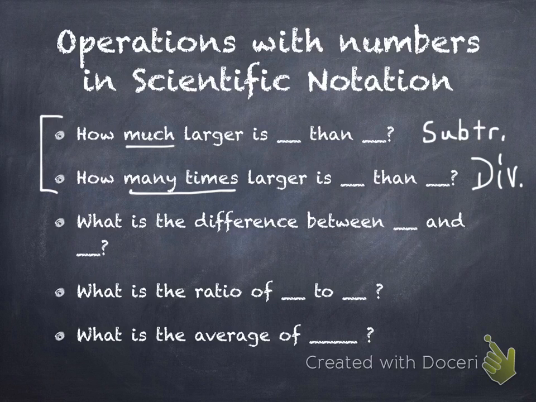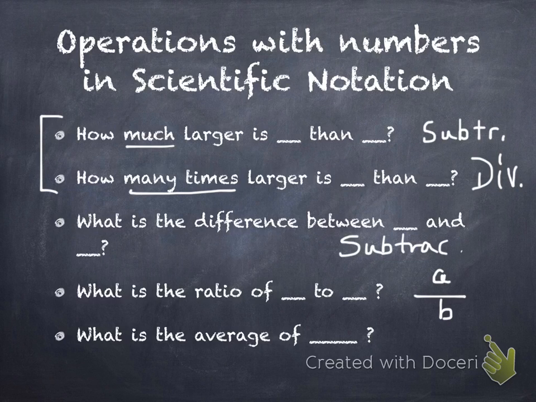What is the difference between those 2 things? Well, that's also subtraction. Difference is subtraction. What is the ratio? Here I'm going to set up a fraction. I'm going to set up a ratio of A to B, and maybe I'm going to simplify that ratio. Okay, so that's kind of division there.